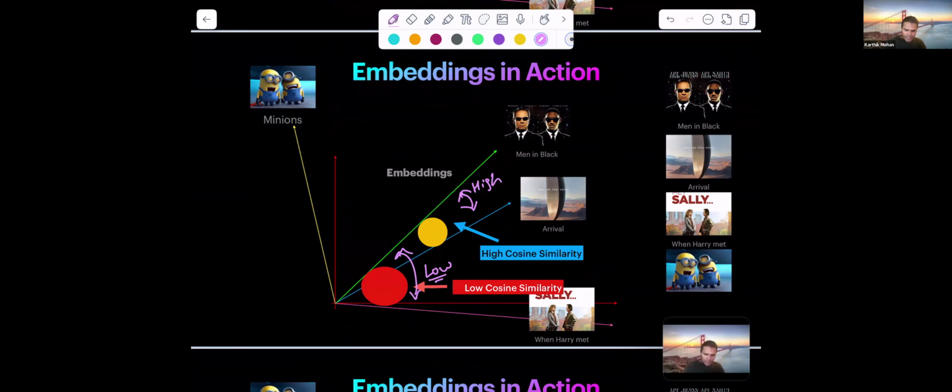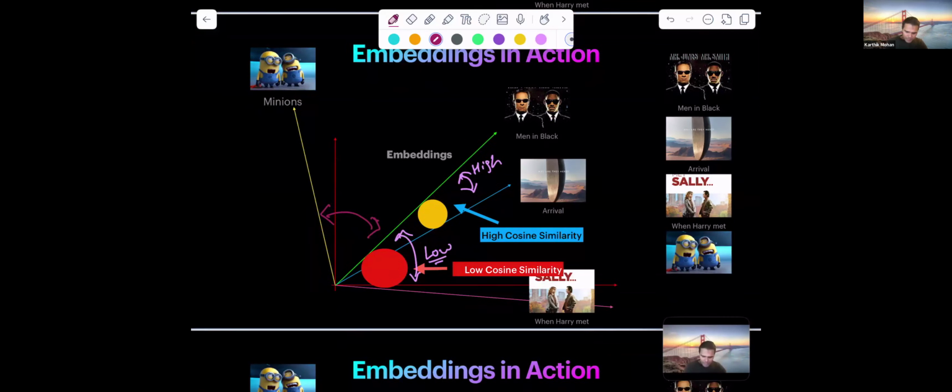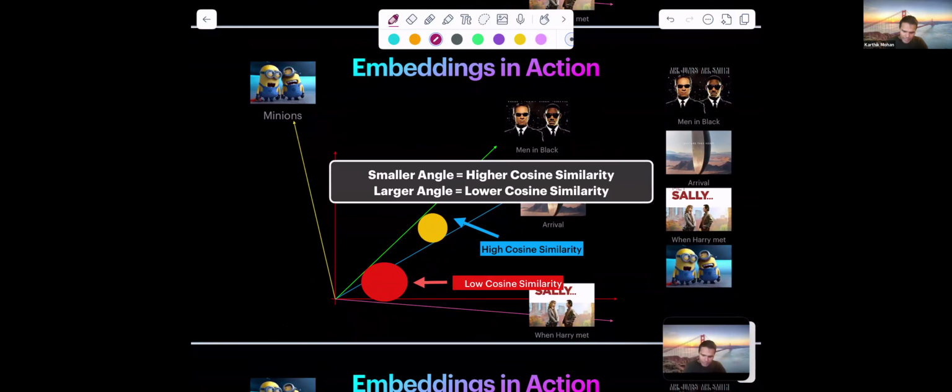It's also separating Minions from Men in Black. It's saying, you're comedy, and you're sci-fi, and you're rom-com, and so it's able to separate things. So the key takeaway here is that the smaller the angle, the higher the cosine similarity, right? So cosine is high if the angle is low.